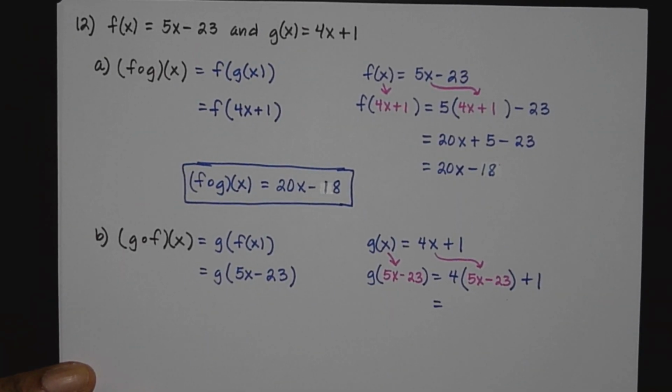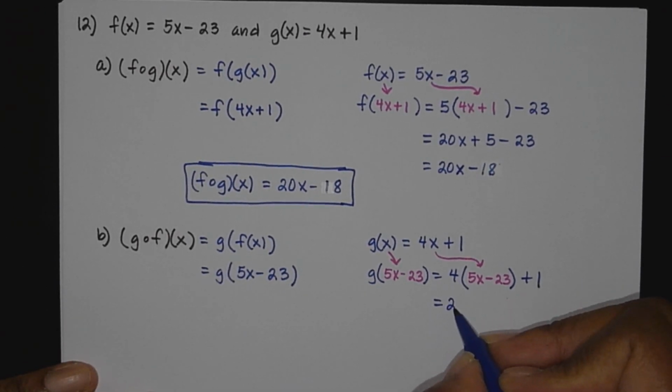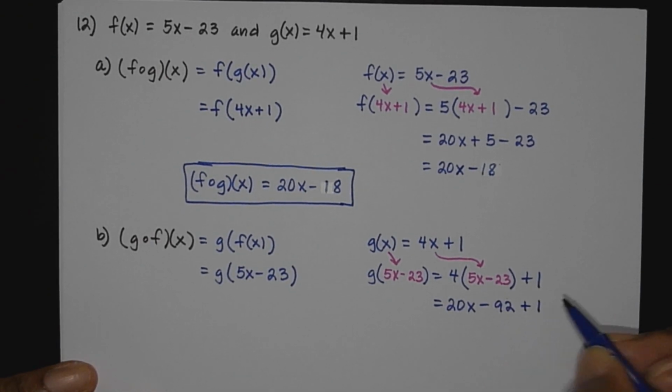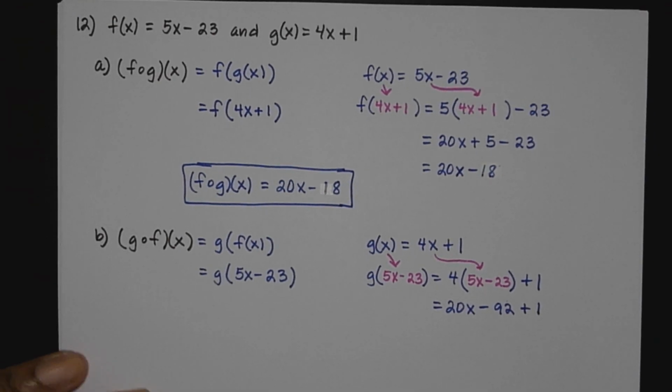So if I distribute the 4 over the 5x minus 23, I would get 20x minus 92. Okay.